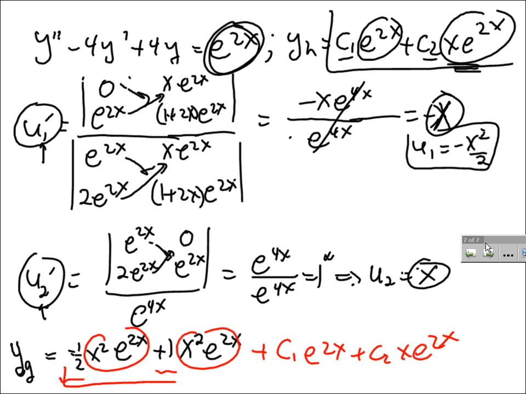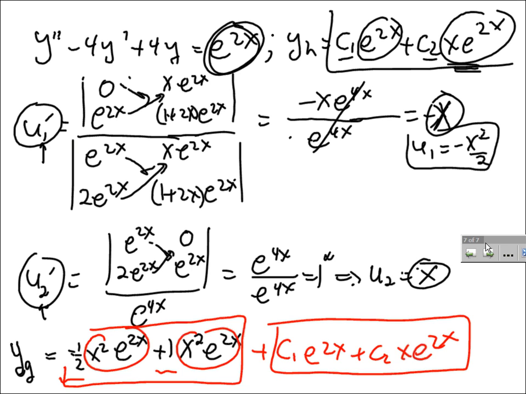If you have a particular solution, just add on the homogeneous solution and you'll have the general. And if you're given some initial values, like 2 initial values, you can solve for C1 and C2. This completes the section on variation of parameters.